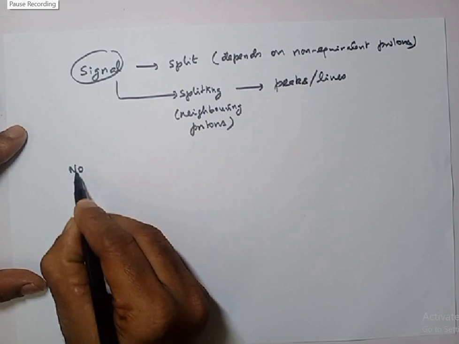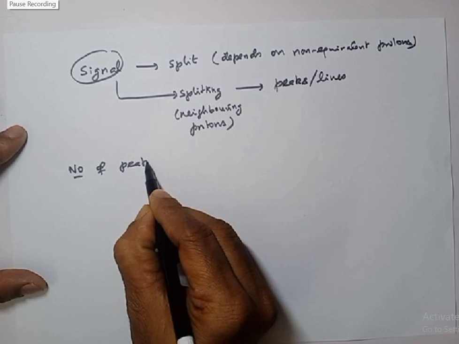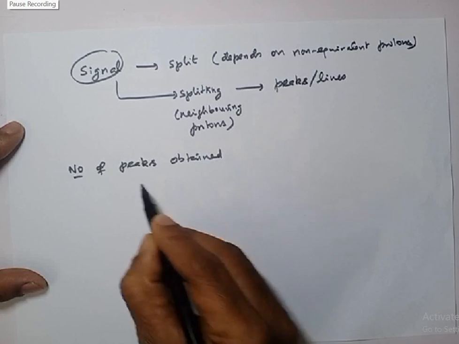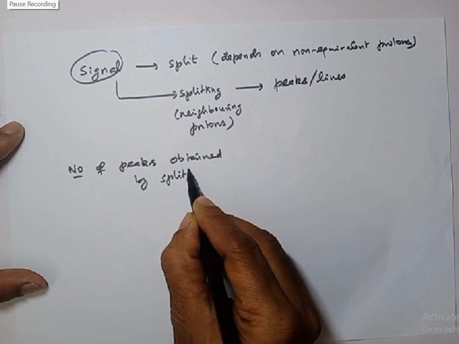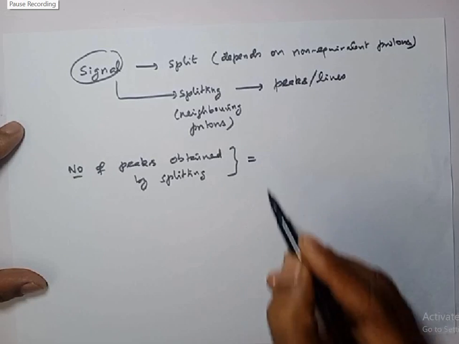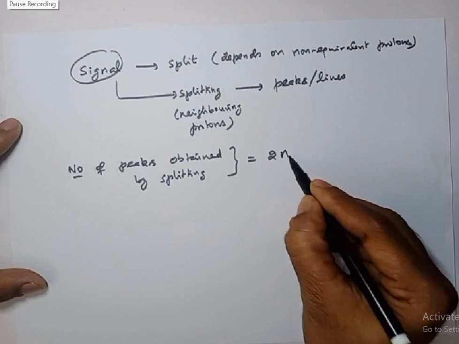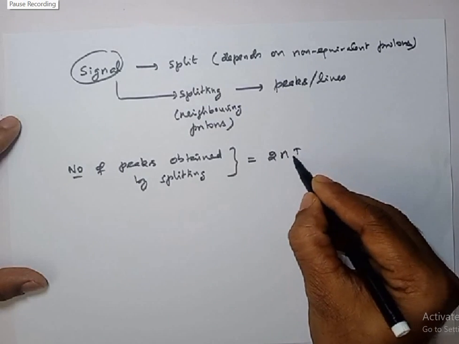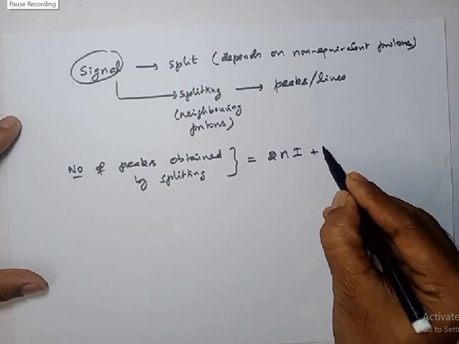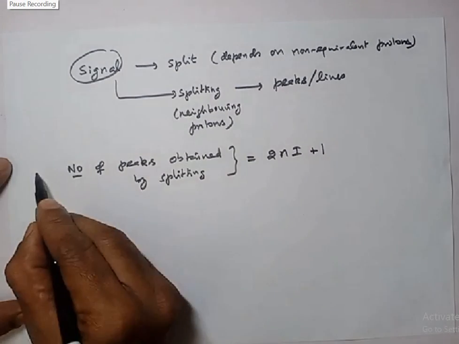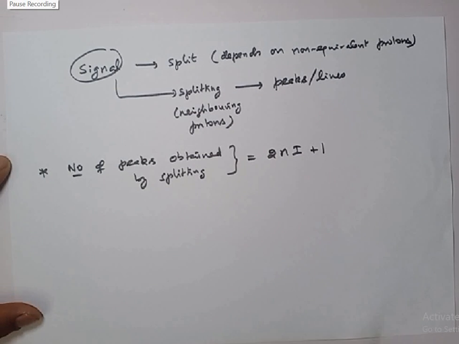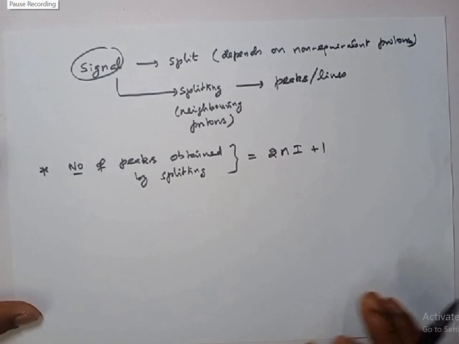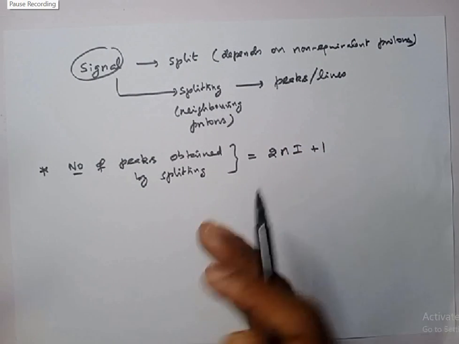The number of peaks obtained by splitting: this is the general formula, 2nI plus 1, where n is the number of nuclei and I is the spin value of those nuclei. This is the formula we use to find the number of peaks obtained by splitting by the non-equivalent protons present on the adjacent carbon or in some other position.